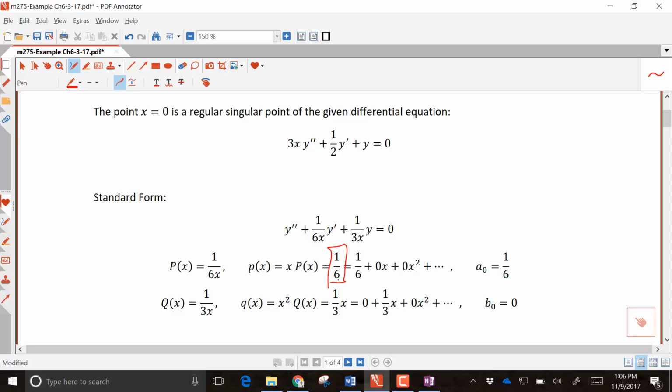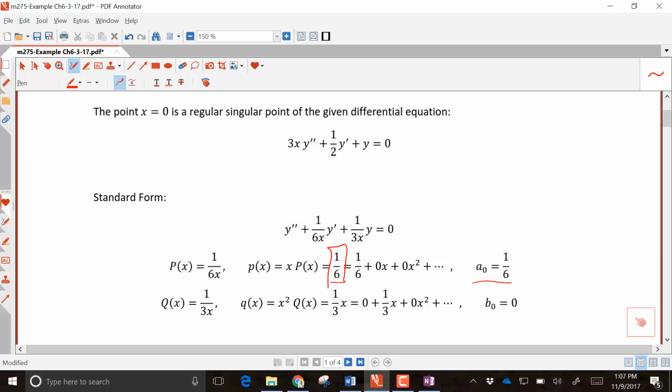We're going to get 1/6, and just for the sake of identifying your A naught and B naught later on, you can imagine that this is actually 1/6 plus 0x plus 0x squared and so on, and so we can identify our A naught. When you multiply the capital Q of x by x squared, to get the little q, we're going to get 1/3 times x.